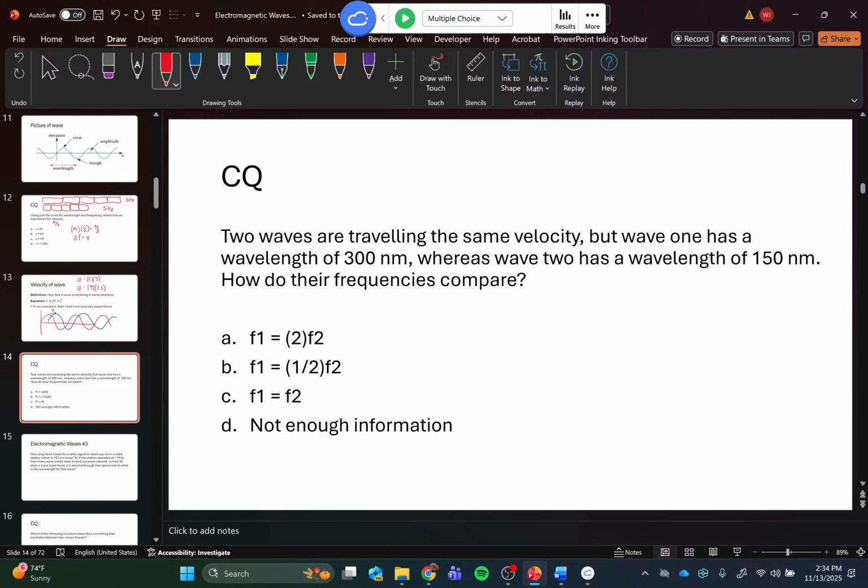Don't worry what color light they are, but just fun fact. Light is roughly in this ballpark. Green light's about 500. Green's 500? Yeah. Okay. And I think smaller wavelength is purpley. Yeah. So 300 is roughly purple. 150 is roughly ultraviolet. Not that it really matters for this problem. Figure out how the frequencies compare. Have fun.